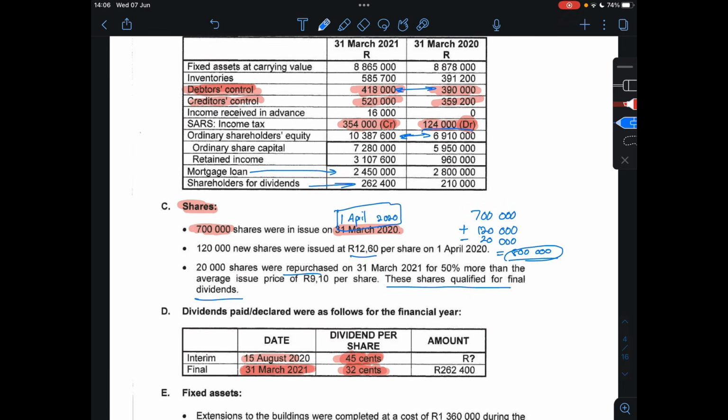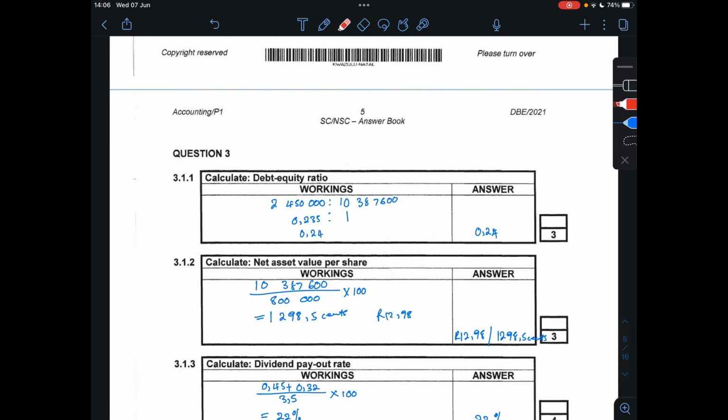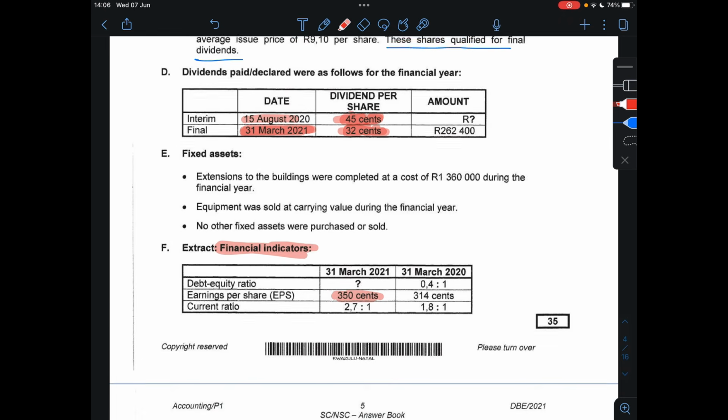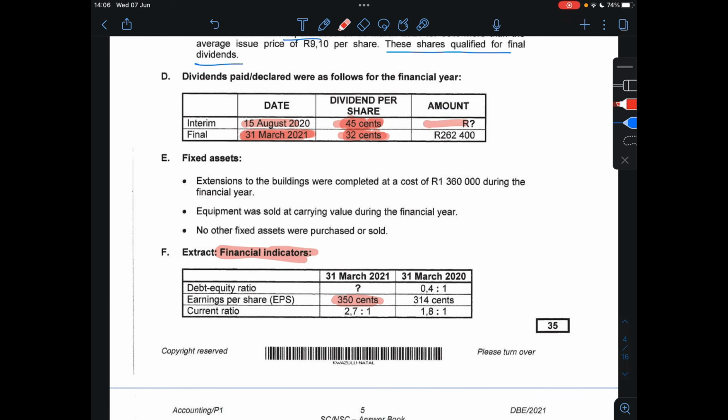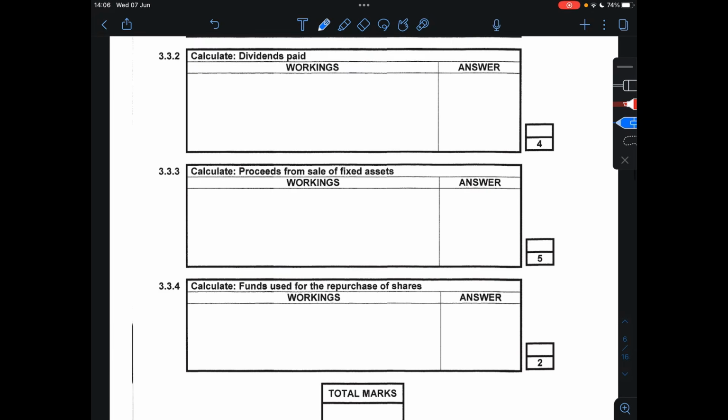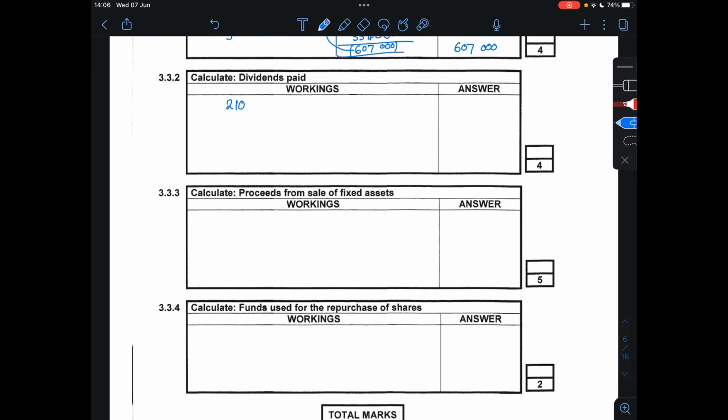What you were owing last year is 210,000 plus what you have paid your shareholders during the year, which is your interim, as no amount is given. But you are only given that 45 cents was paid per share, which simply means that you add 210 plus how many shares were in issue?